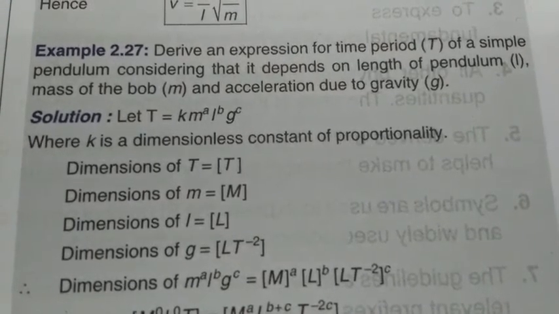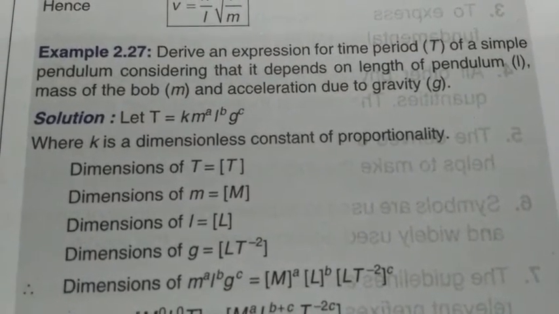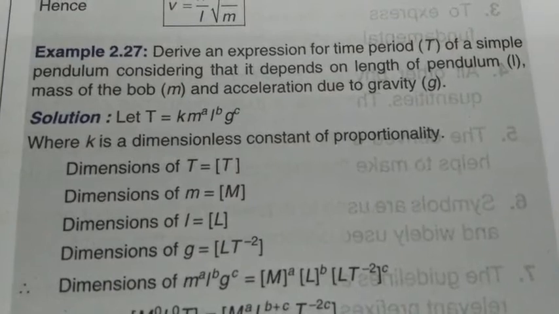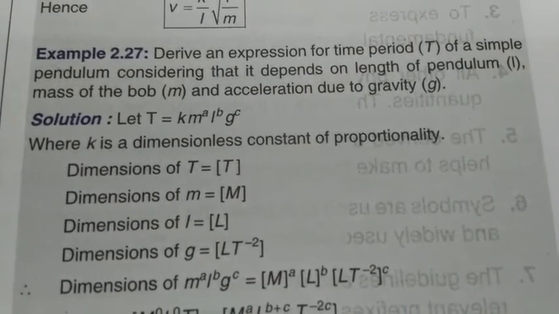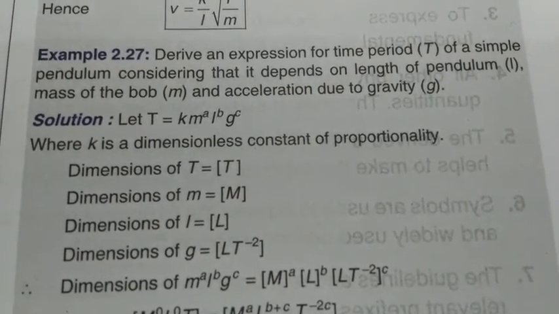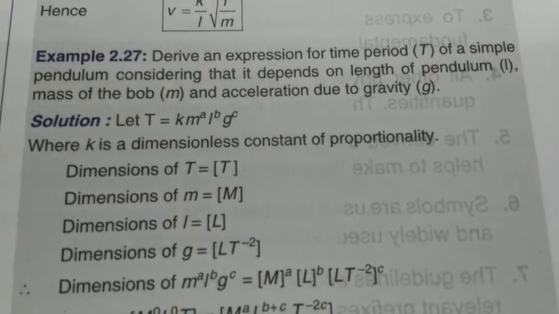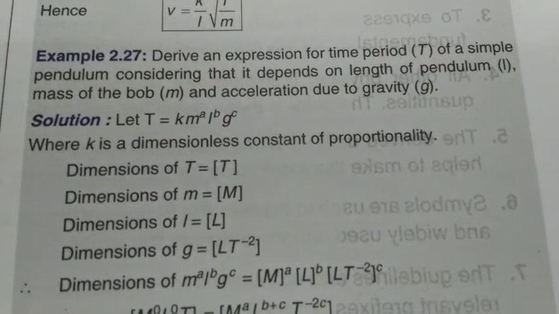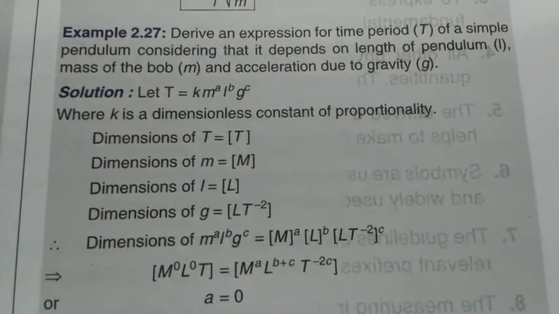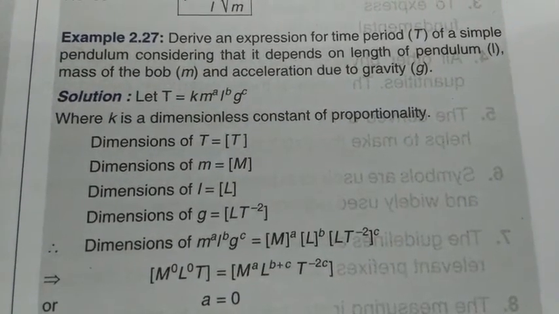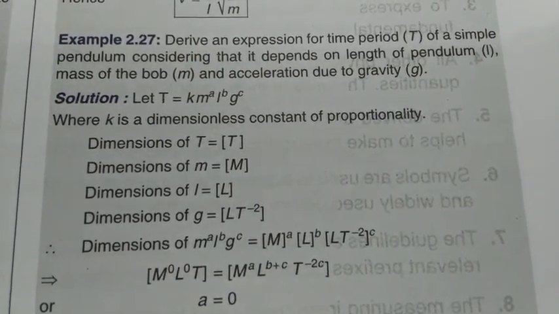The rest you have to solve. So pause this video here, note down the question and try to solve it. Try to derive the relation between time period and mass, length and gravity.